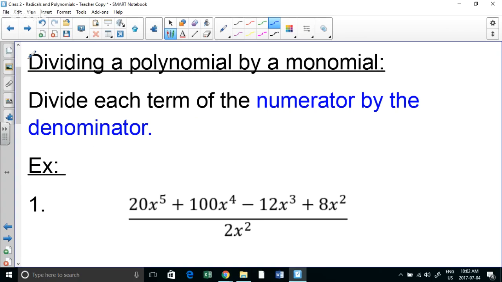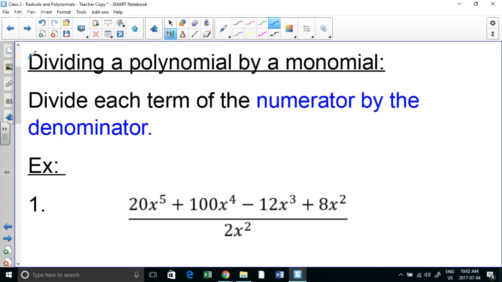So we'll talk about division by a monomial. This should be the last piece of review, and then we'll start just a quick piece of new material just to finish things up. So again, with dividing, just like with multiplying, there are two different cases.